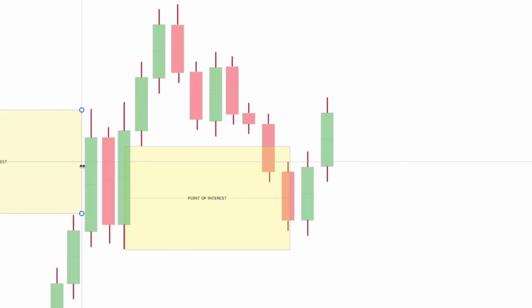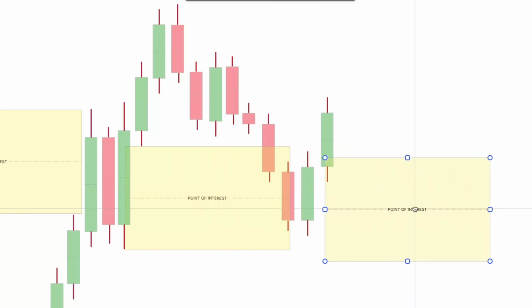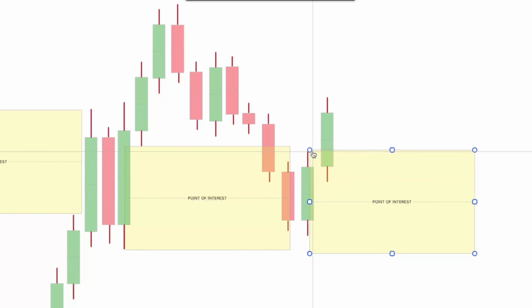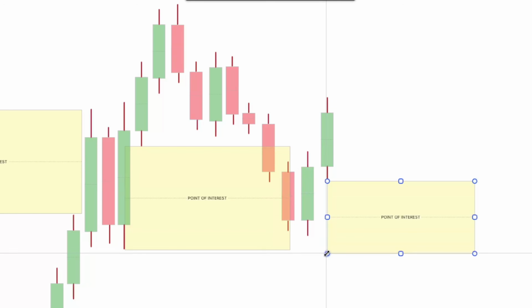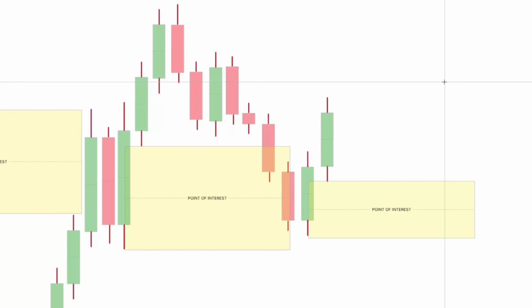So if we've got something which we're reacting from over here and market pulls back, then we get an engulfing candle to break through this whole area. Then we start to pull back, get involved, create sometimes another engulfing candle, which means that we could line up for another trade in the future.